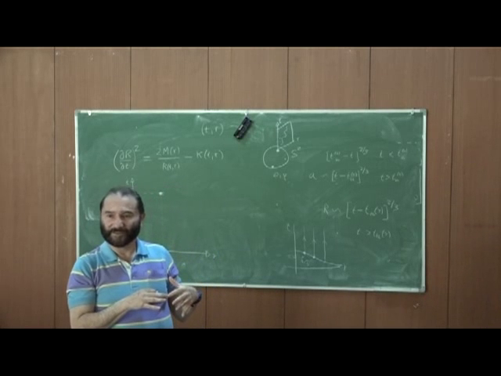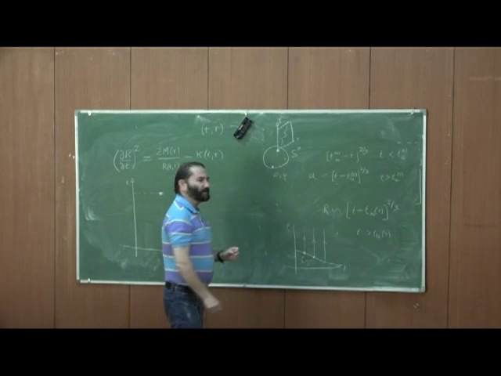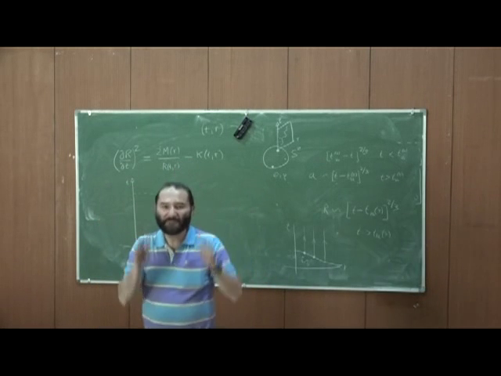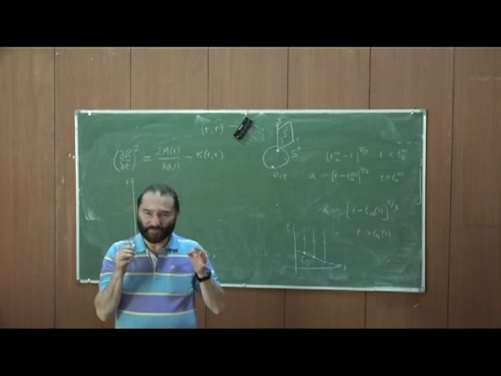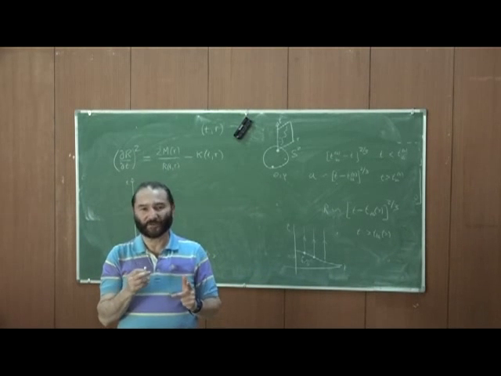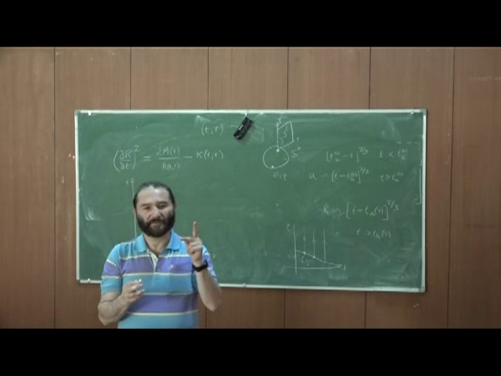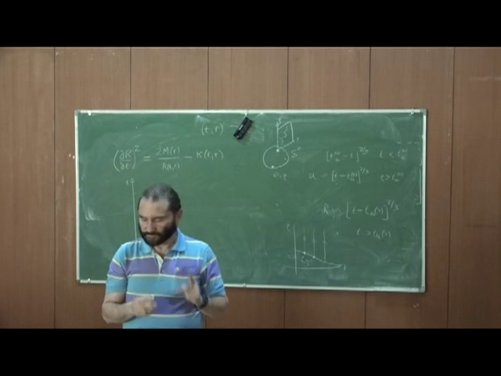Okay? So the fact that we are looking at the dynamics in 2 dimensions does not mean that the space-time is 2-dimensional. It's 4-dimensional, but all the dynamics takes place in only 2 dimensions, radius and time.